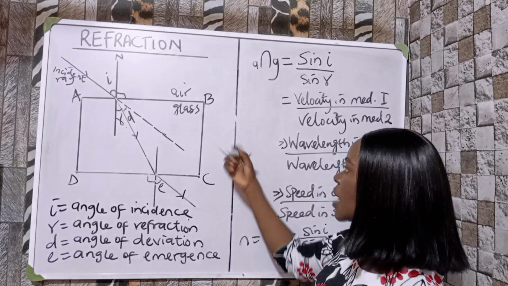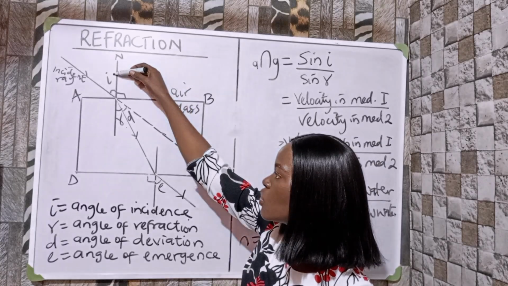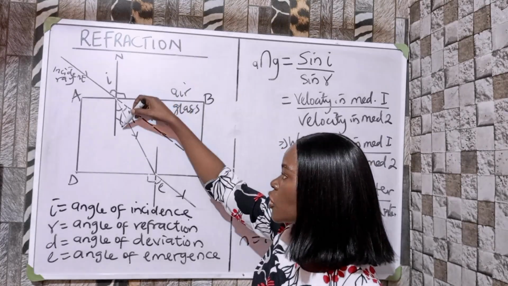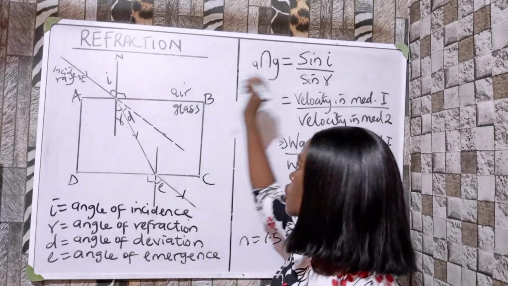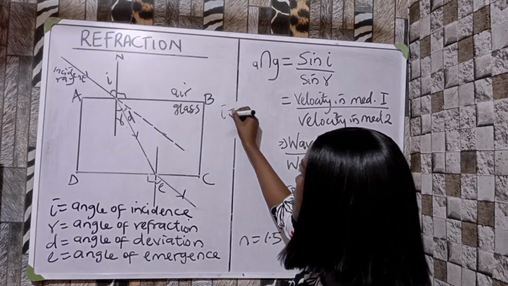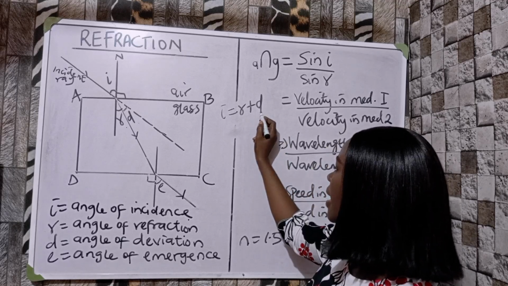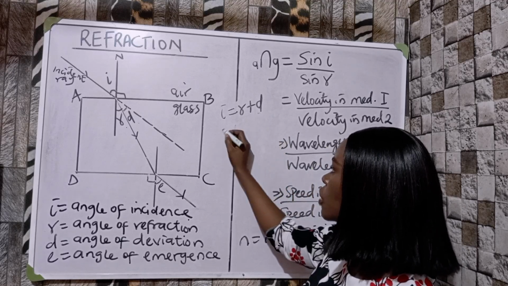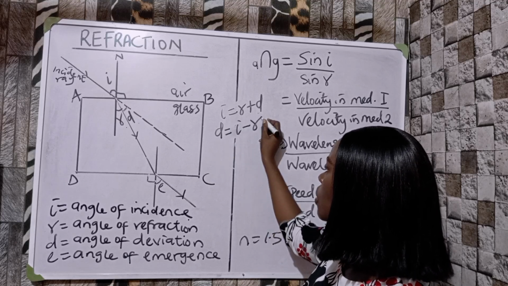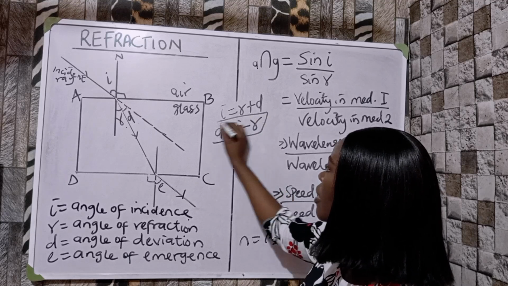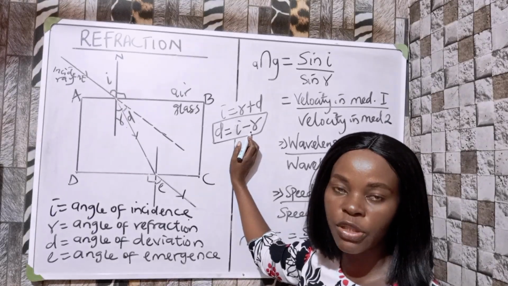We can solve for this angle of deviation if you know that angle of incidence I is equal to angle of refraction R plus angle of deviation, since vertically opposite angles are equal. So that means I is equal to R plus D. So if I am asked to find this angle of deviation, my deviation D is equal to I minus R. So my angle of deviation becomes the angle of incidence minus the angle of refraction.